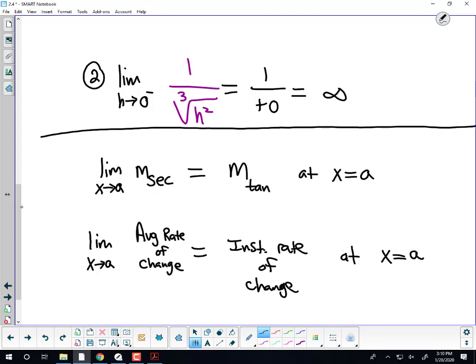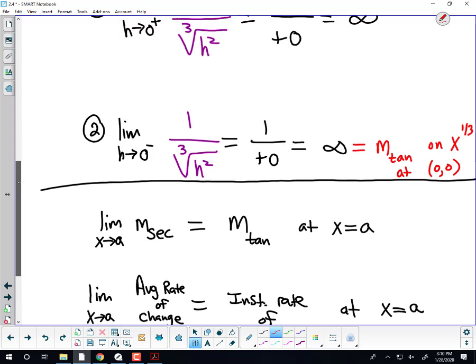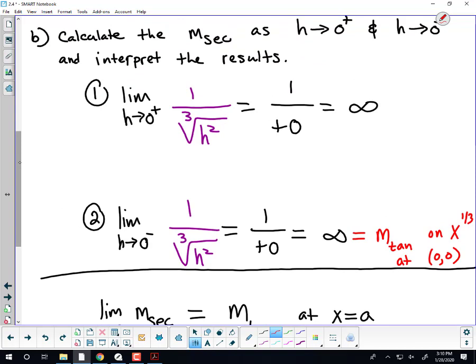So on the graph of x to the 1/3, these infinities we're seeing are the slope of the tangent line. That's just a shorthand interpretation of the result. This is the slope of the tangent line on this function at the point 0, 0. It's true for both, and for this one.